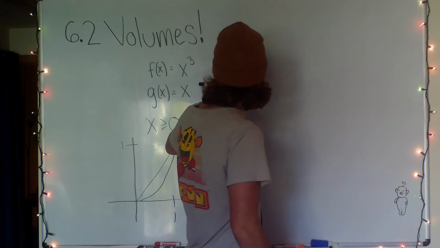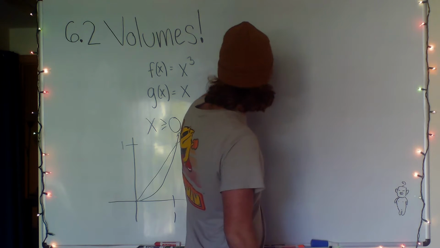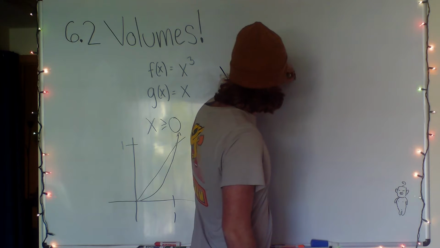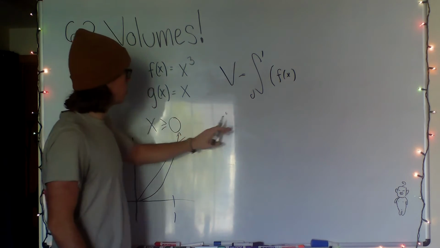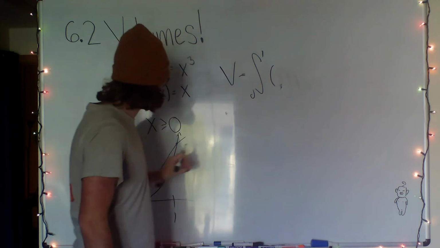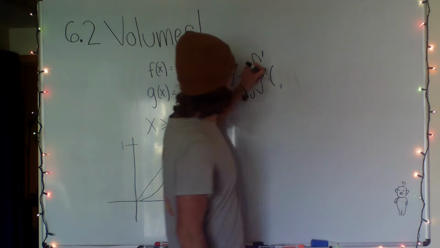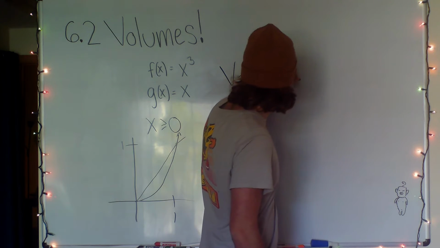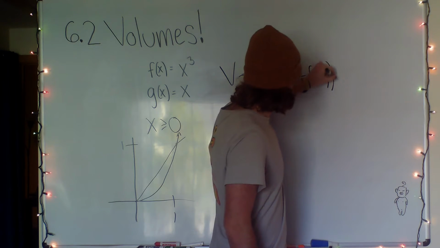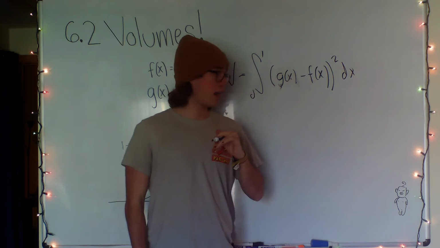So we find that our volume is equal to the integral from 0 to 1 of g of x, because our y equals x line is above our x cubed. So this is going to be g of x minus f of x squared dx, because we're rotating around the x-axis.